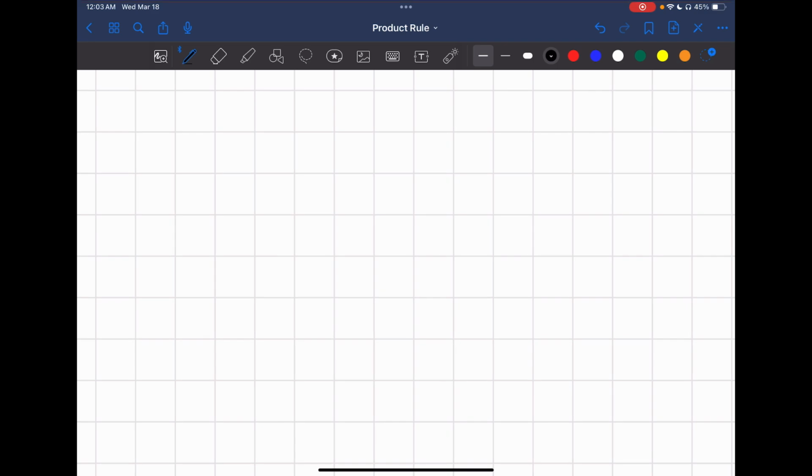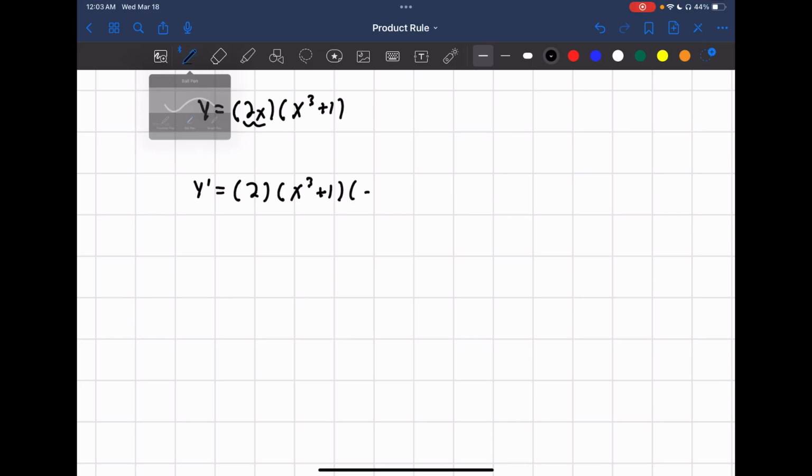So let's do another example. In this example, we have 2x times x cubed plus 1. So we know that the first step will be to differentiate f of x. So this will be 2. Sorry.